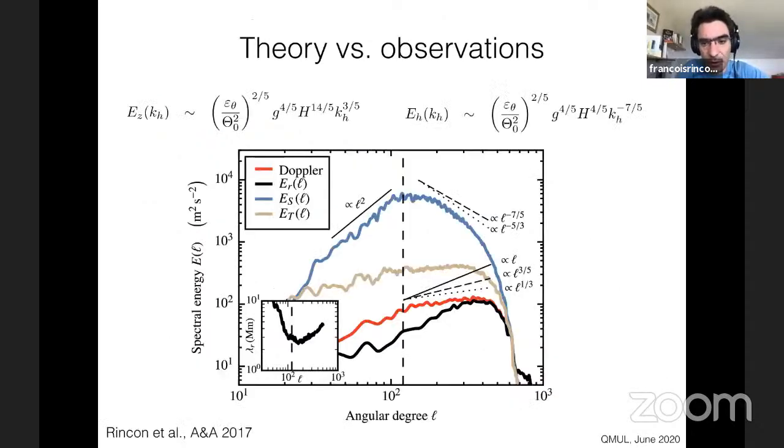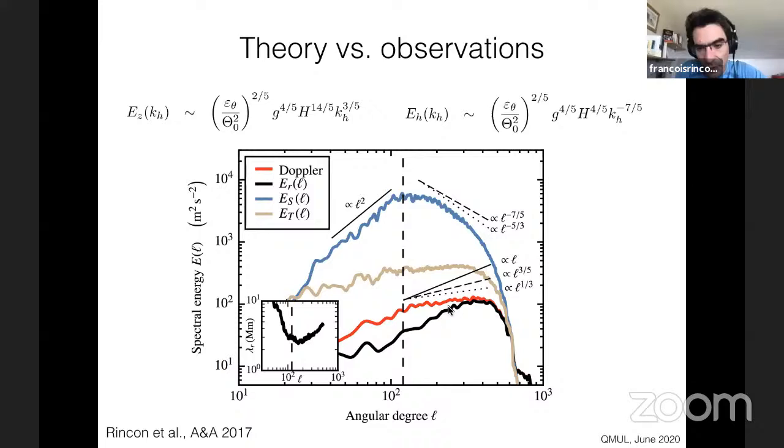So this is a comparison now. The dashed line here is minus 7/5. I've put a minus 5/3 for reference, which is also acceptable in terms of just scaling, but I'll come back to why I don't think it's relevant here.